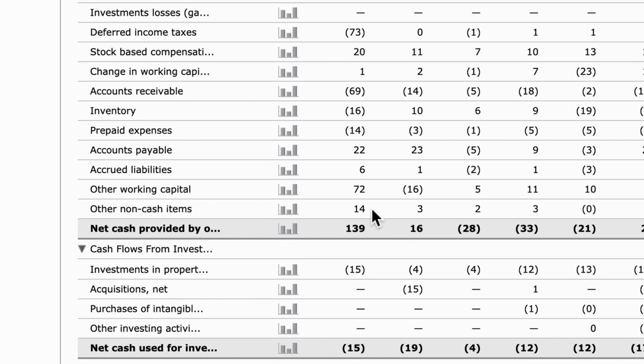So let's go back to the balance sheet or cash flow statement, and you can see here other non-cash items is 14. So that's why it's important to go over to the annual report and find these things. It'll be different for all the companies out there, so you'll have to be doing it for your specific company that you're looking at.